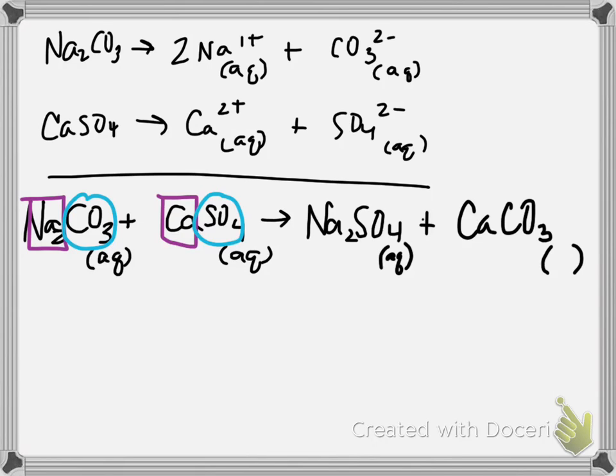Is calcium carbonate soluble? Yes or no? The shells of sea creatures do not dissolve in the oceans. So are we going to form a precipitate? Yeah, we are. We're going to get a calcium carbonate precipitate out of this. This is going to go white and cloudy.